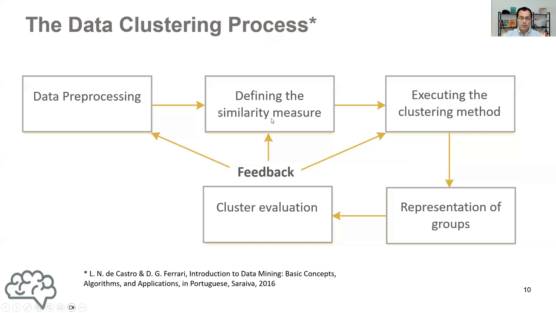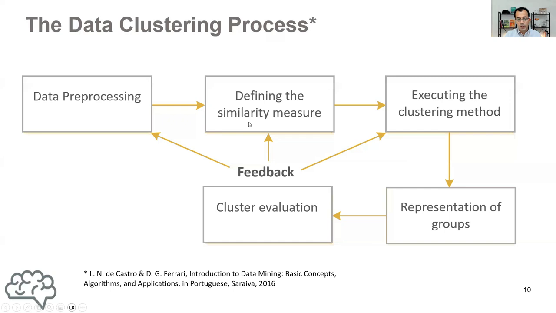and it's part of the first step here in the data analytics process. Well, the next step is very peculiar to data clustering because it involves defining the similarity measure or dissimilarity measure. The reason why we have to define this measure is because, as we said, we don't have a target class or a target goal, so we have to search for similarities among objects in the data set.